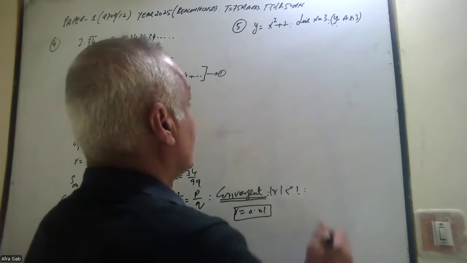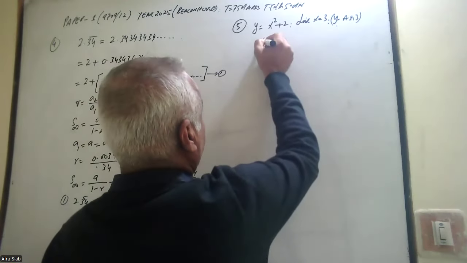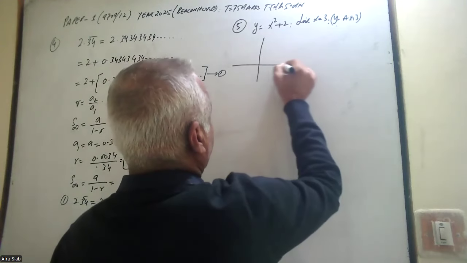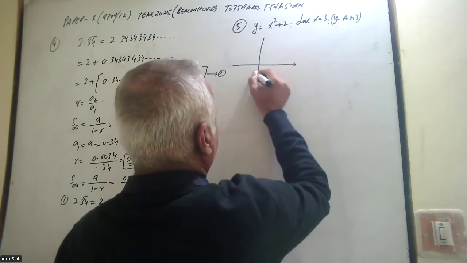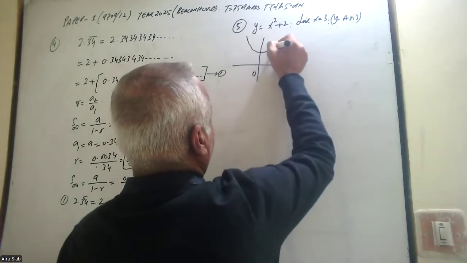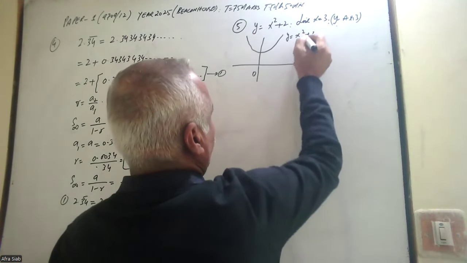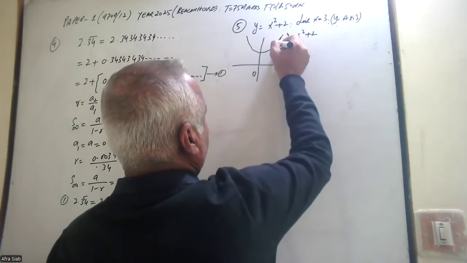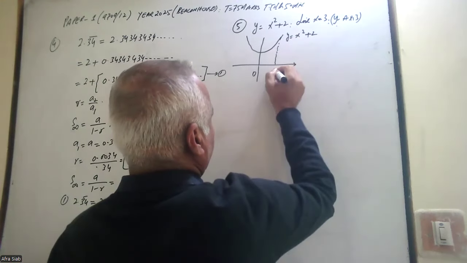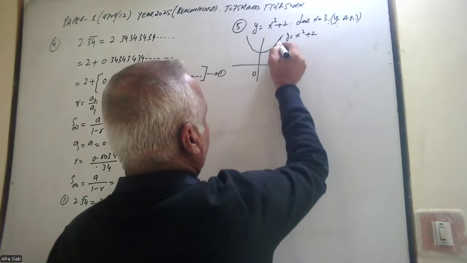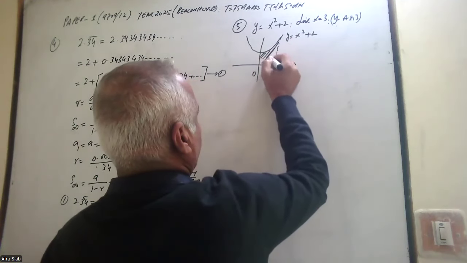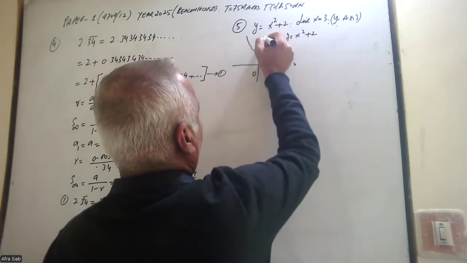So we know that, if we draw the picture of this, this is the equation y is equal to x square plus 2, and it is rotated through the line x is equal to 3. This volume is being obtained about the y-axis.